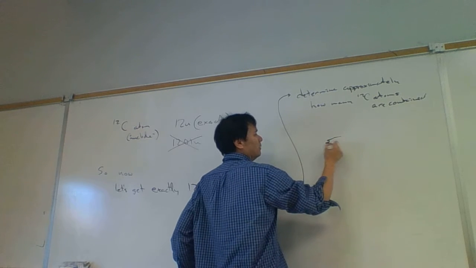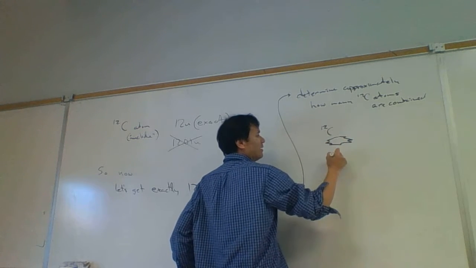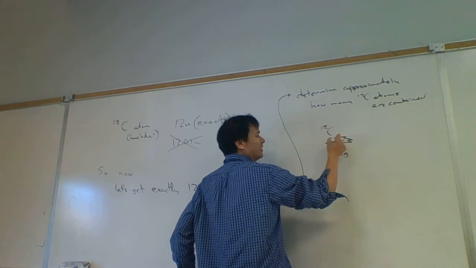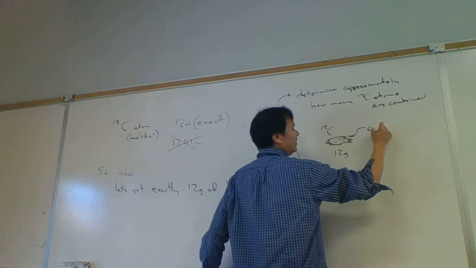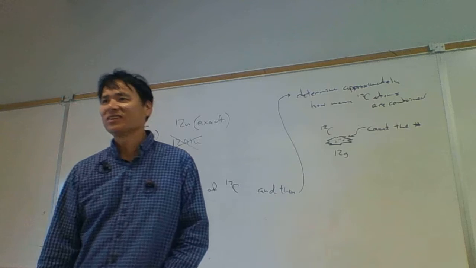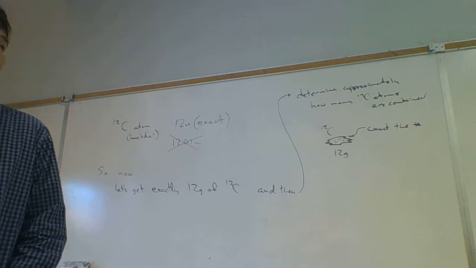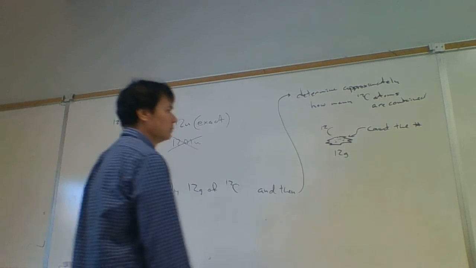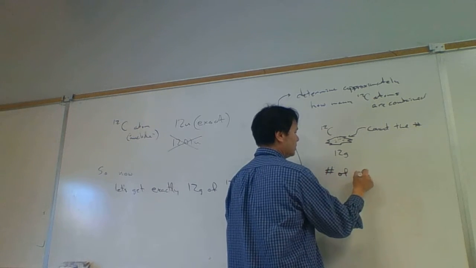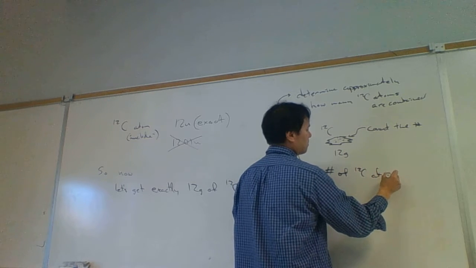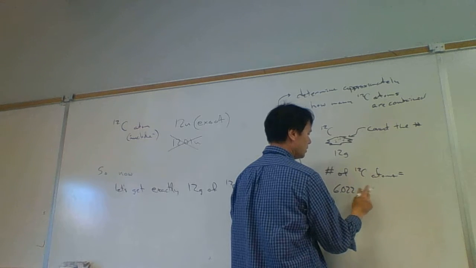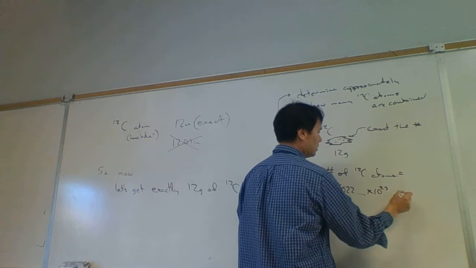Here we have pure carbon-12, exactly 12 grams, and we want to count the number. Are we really going to sit there and count? No, but we're going to calculate and figure it out based on chemistry. It turns out the number of carbon-12 atoms equals 6.022... it keeps going, times 10 to the 23rd carbon-12 atoms.